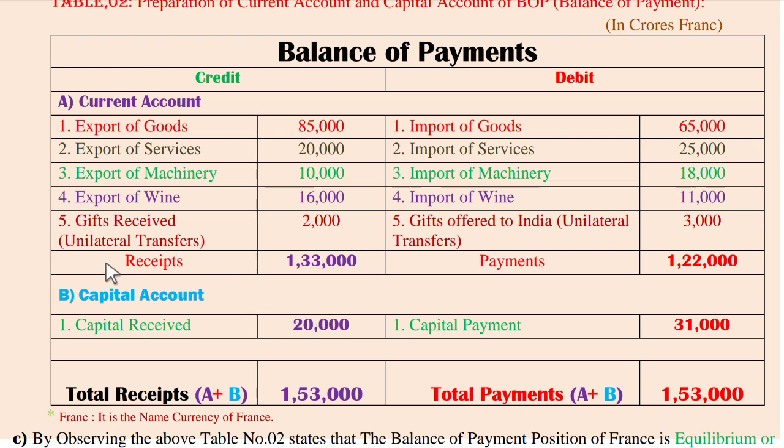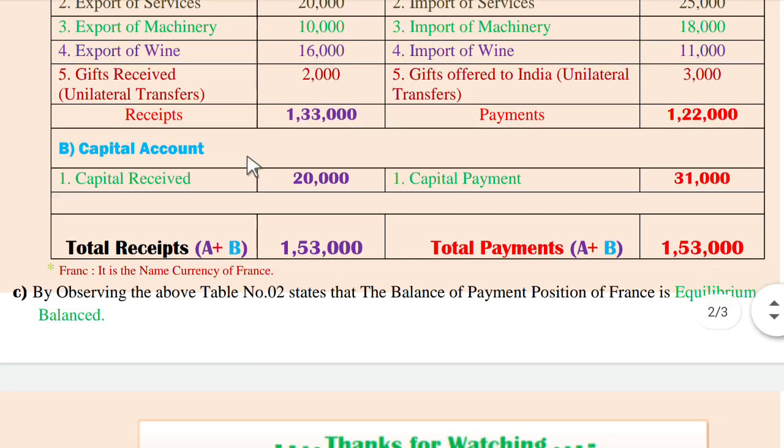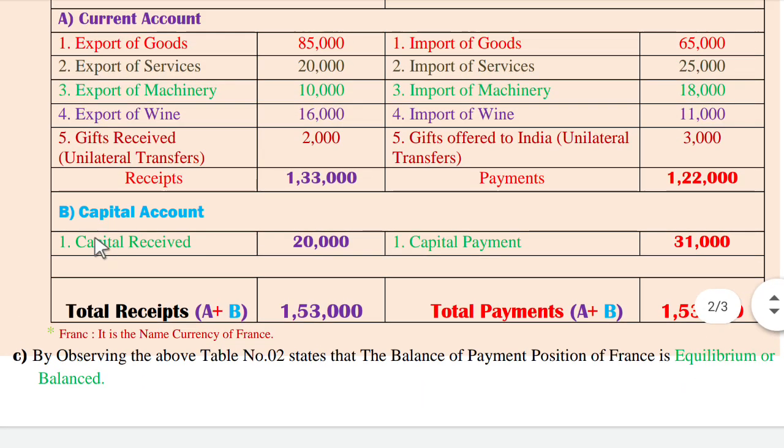So this is concerned with the current account. Now we will move to the calculation of capital account, B, capital account.